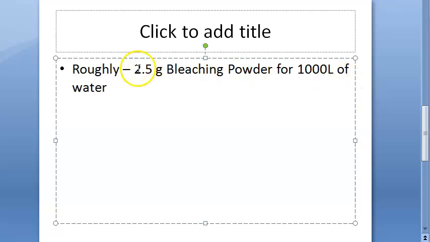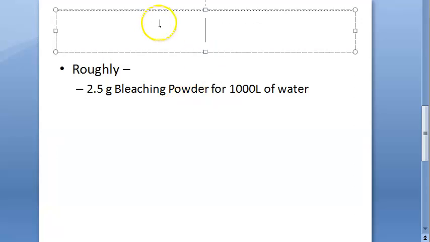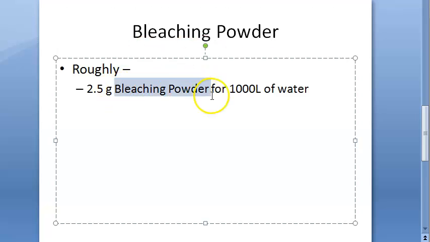Remember here the water should be clear. It should not have any organic matter. So roughly, 2.5 gram of bleaching powder for 1000 liter of water.